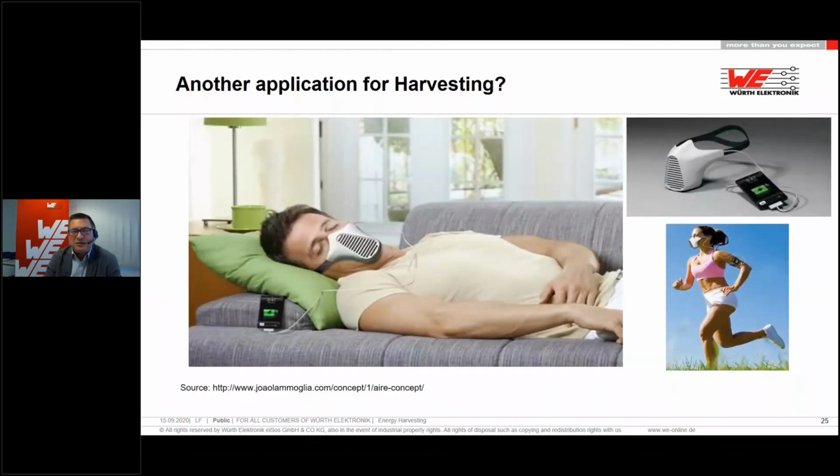And the funniest thing I ever found is a Brazilian guy. He got the Red Dot Award for an energy harvesting device which harvests the snoring during sleep, and during your snoring you can charge your mobile phone. It's very interesting.